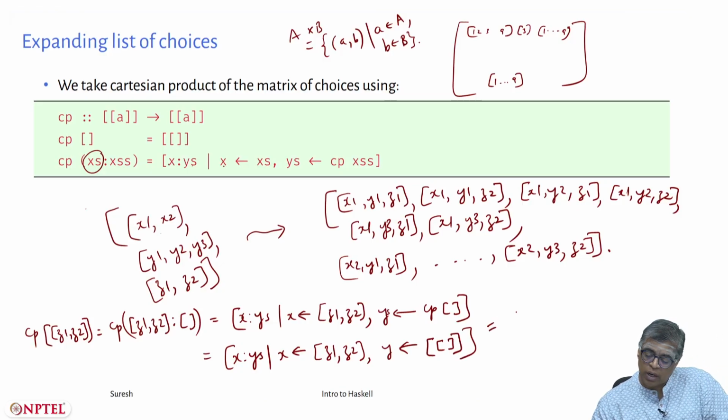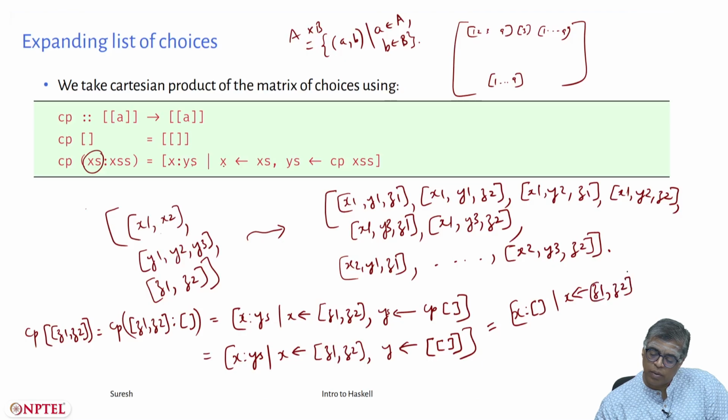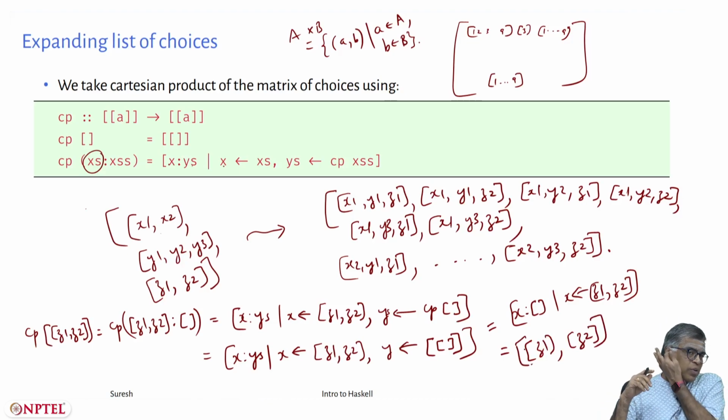Therefore, this is nothing but x followed by the empty list such that x comes from z1, z2. That is my Cartesian product of z1, z2.